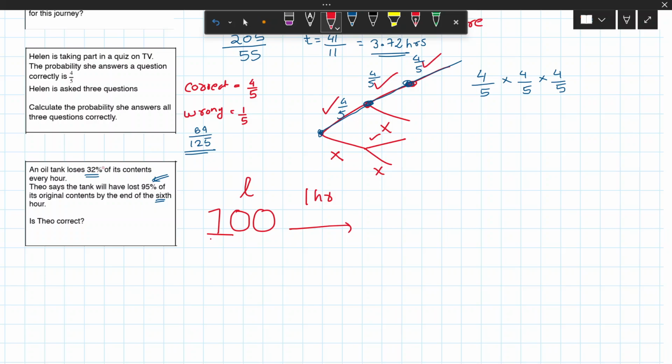Now, one way of doing this is, when you think you are losing, our natural tendency would be we are losing 32%, so we might think we should subtract 32. And yes, that is right in a sense. And we would end up with 68%. Okay.